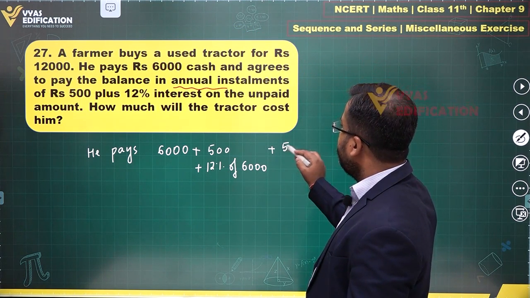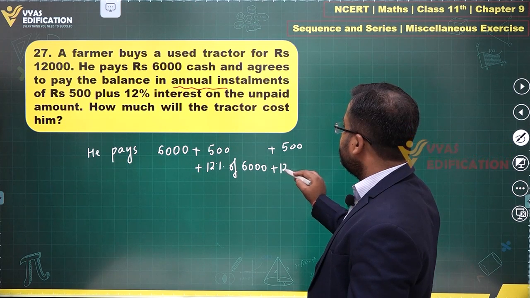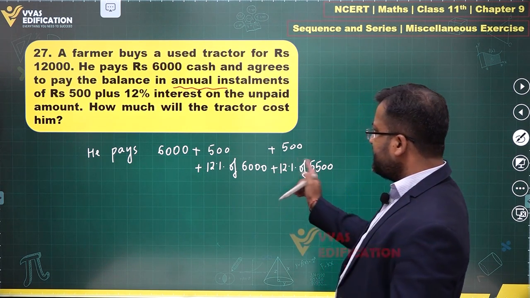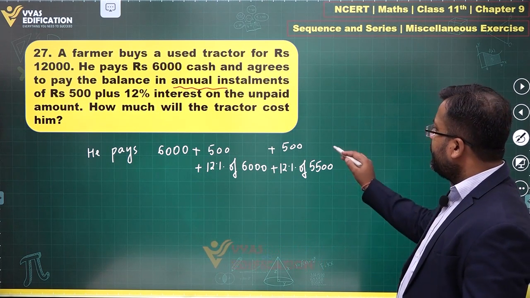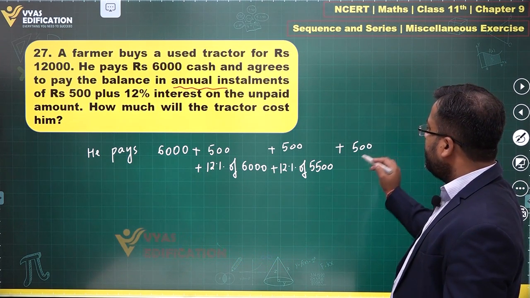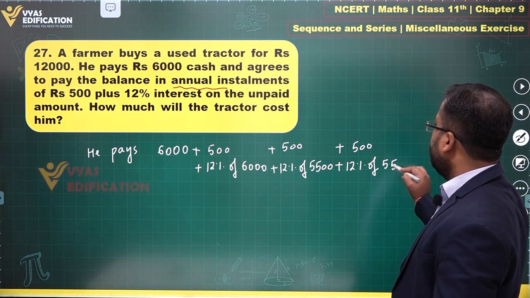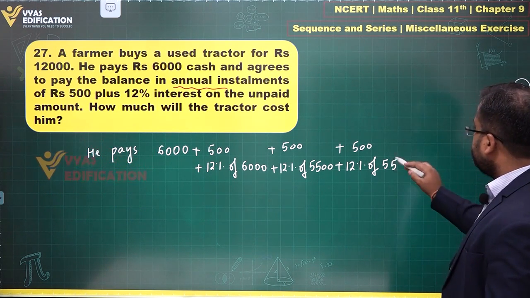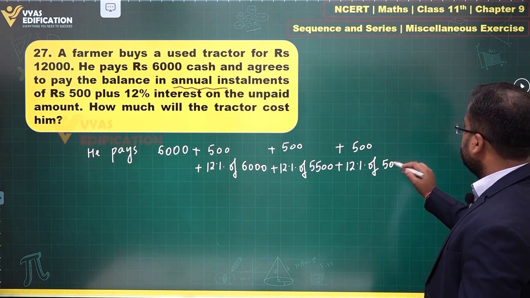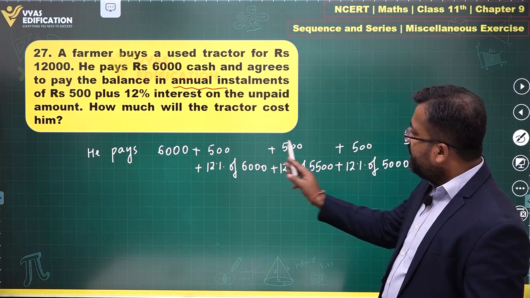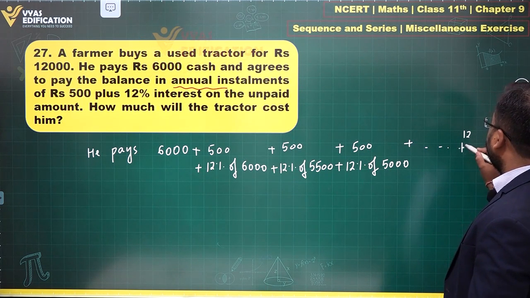Plus he pays another 500 plus 12% of 5,500 because that's the remaining amount. He has already paid 500 over there. Plus he pays another 500 and 12% of 5,000, plus so on and so forth. And how many times? This 500 will happen 12 times.